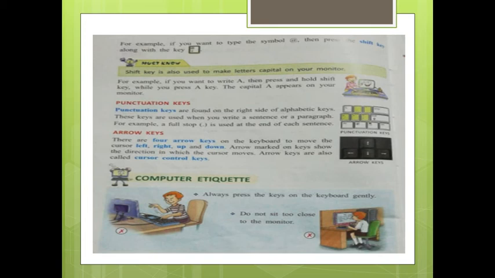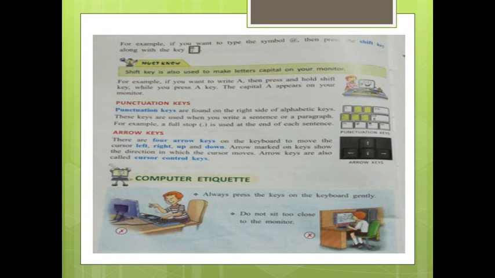Here is the function key. Function keys are also found on the right side of the alphabet keys. These keys are used when you write a sentence or a paragraph. For example, a full stop is used at the end of each sentence. You can see here the symbols are there: question mark, greater than, less than, bracket, everything you should use.